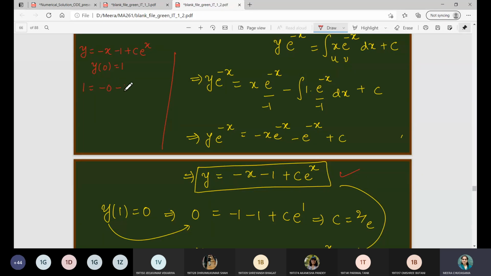So minus 0 minus 1 plus c into e raised to 0, right? So this is nothing but, you can see c is equal to 2. And therefore y of x is minus x minus 1 plus 2 e raised to x. So when you consider 0.2, it will be minus 0.2 minus 1 plus 2 into e raised to 0.2. Compute this value.